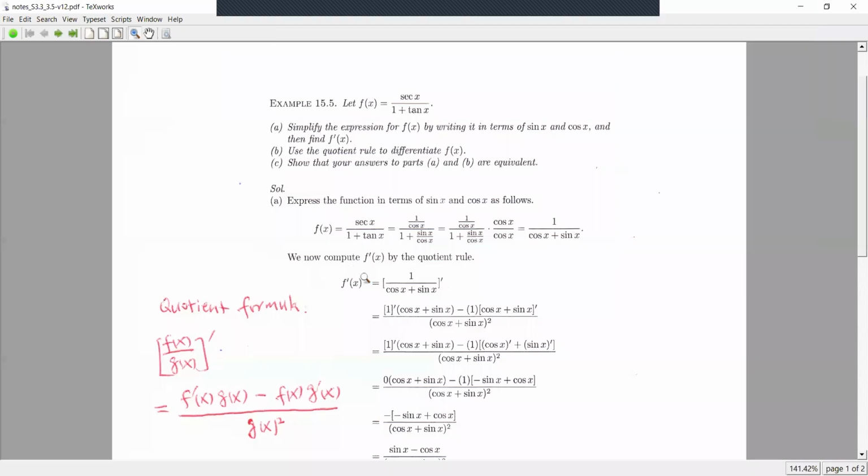Now, compute the derivative of function f. Function f is a quotient. The numerator is 1. The denominator is cosine plus sine.